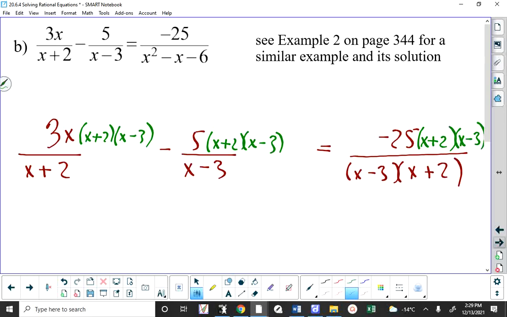Or you could say, the lowest common denominator has to contain x plus 2 because there's an x plus 2 in the denominator of the first expression. The lowest common denominator has to contain an x minus 3. And now it does. The lowest common denominator has to contain an x plus 2 and an x minus 3 because of the third piece of the equation, but it already does. So regardless, you multiply everything by that pair of factors.